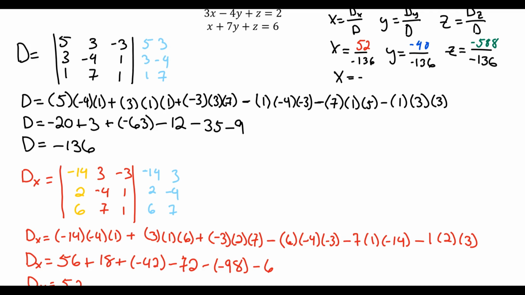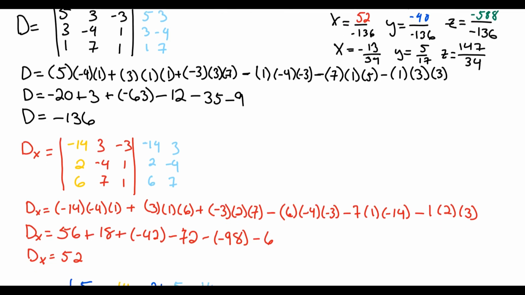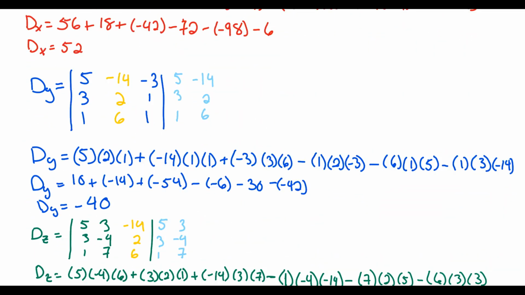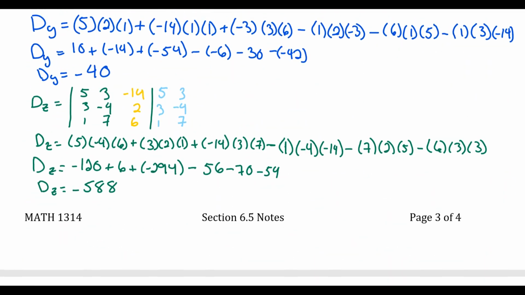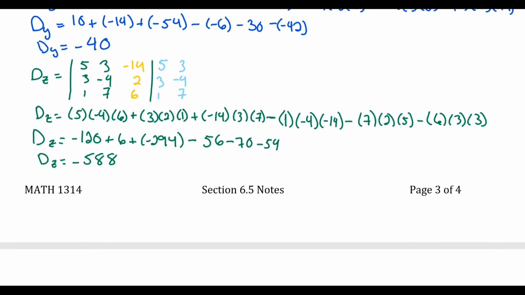So x is going to become a -13/34. Y is going to become a +5/17. Z is going to become +147/34. So what this means is down here, whenever I have three variables, it's going to be x, y, z.